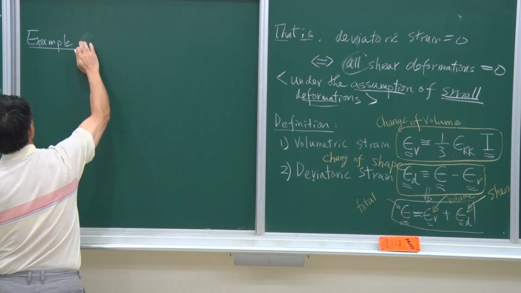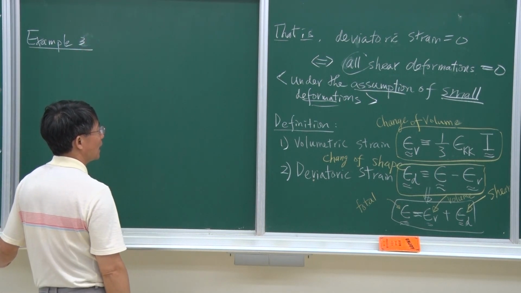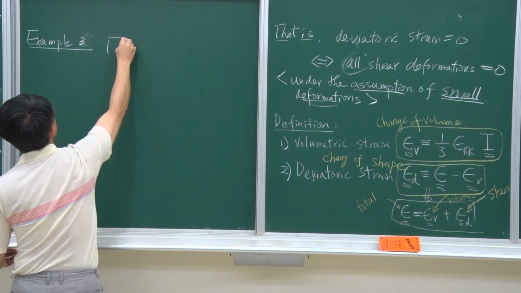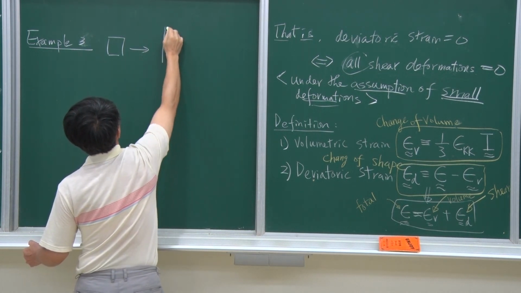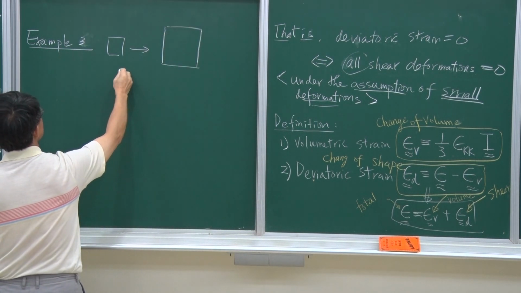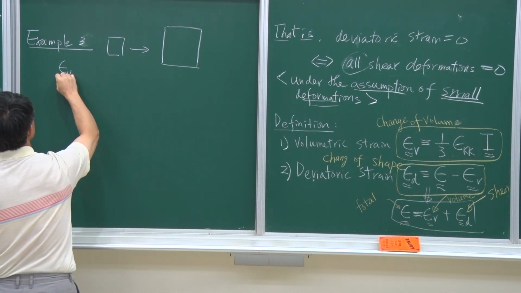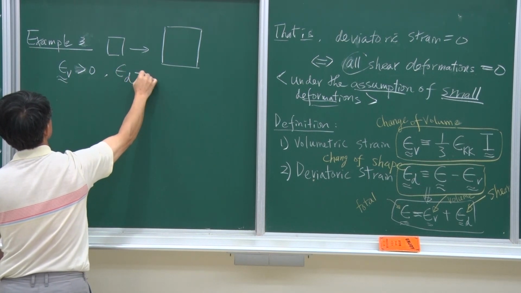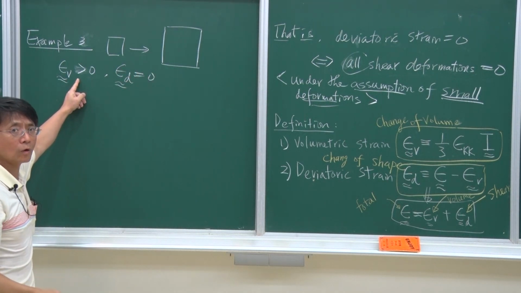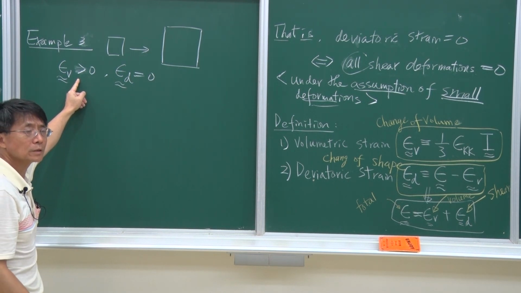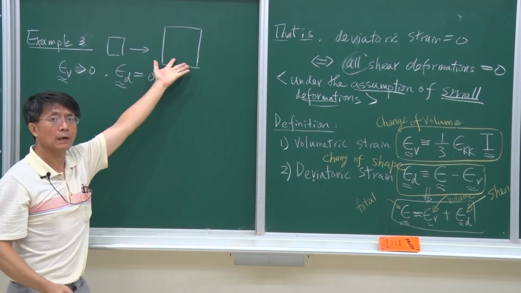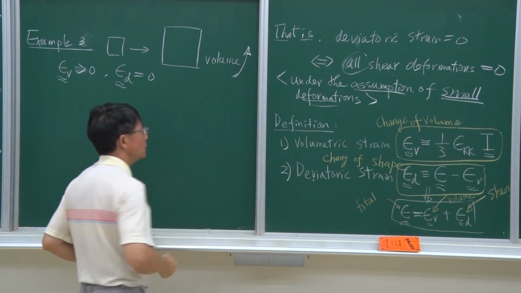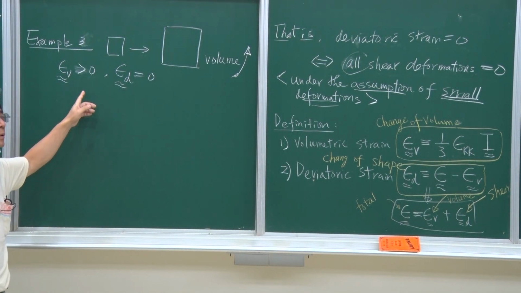For example, if you have a material like this and it becomes bigger, your volumetric strain is larger than 0, because the material becomes larger.